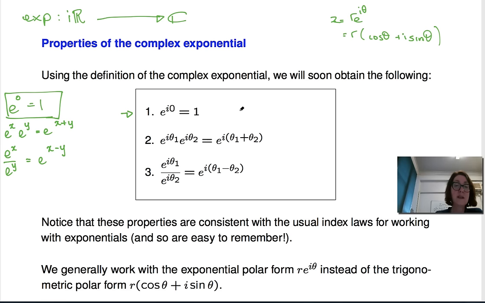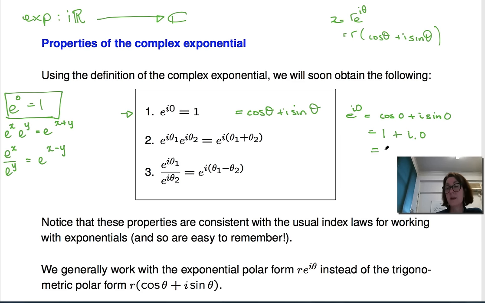Well, we defined e to the I theta to be cos theta plus I sine theta, but our theta is just 0, so we're looking at e to the I 0 is cos of 0 plus I sine of 0. And we know that cos of 0 is just 1 and sine of 0 is 0, so that's I times 0. So e to the I 0 just equals 1.